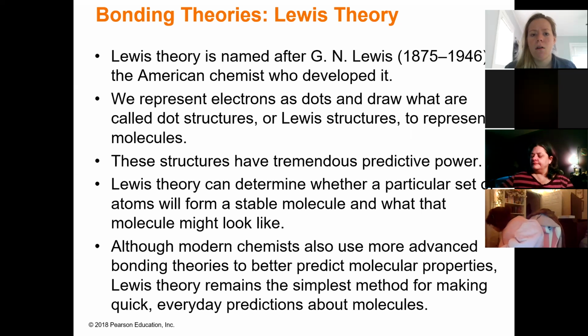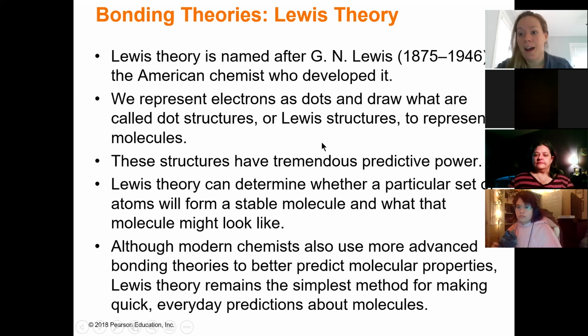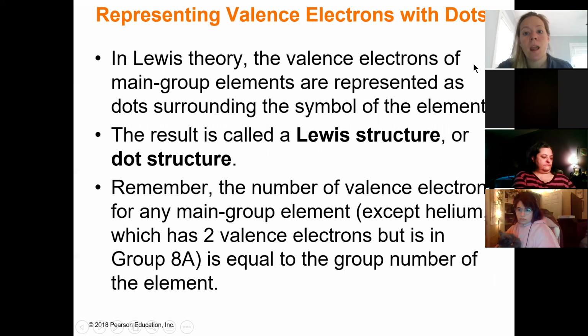We're going to talk about it now. There's a lot of predictability power in just putting these silly little dots around the name. You can predict why certain things will come together, why certain configurations are more stable. There are more advanced theories outside of Lewis's theory, but this will work for us in this class. So we'll stick with that.